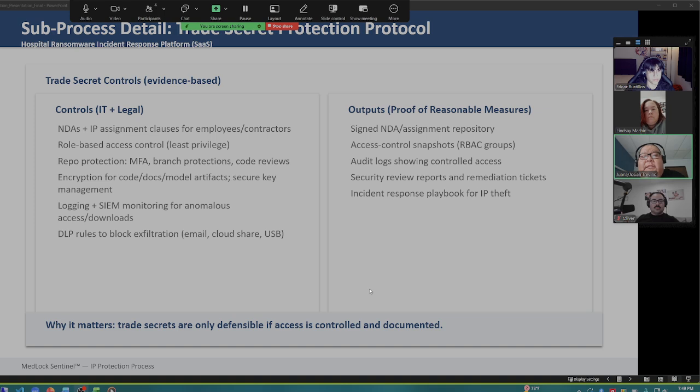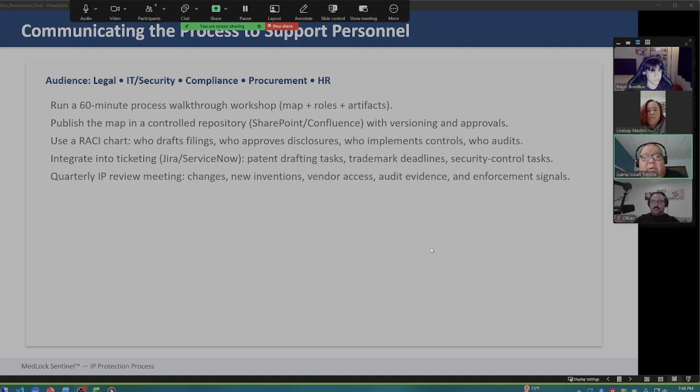IT enforces access control, encryption, monitoring, and DLP. Outputs are critical because they prove reasonable measures were taken. This is what strengthens the company's position in a dispute. Next, I'll talk about how IP moves from registration and protection end-to-end.